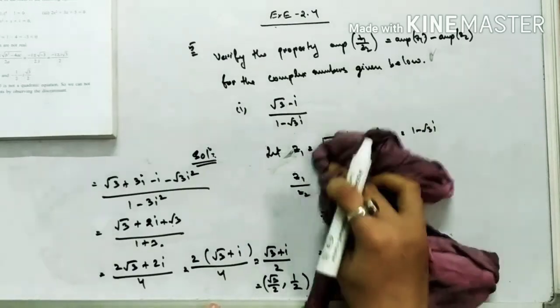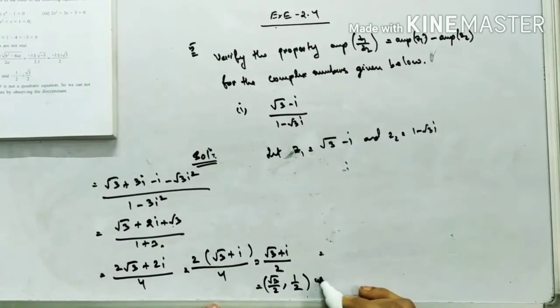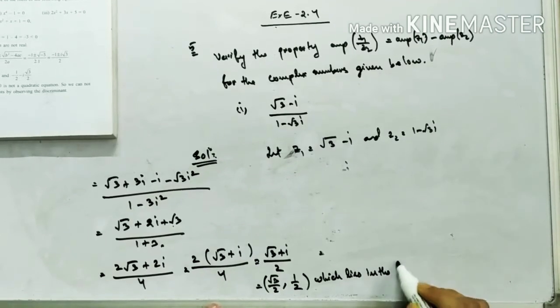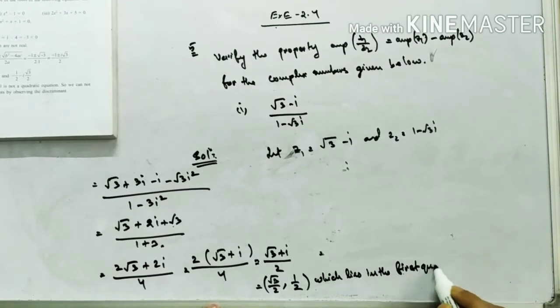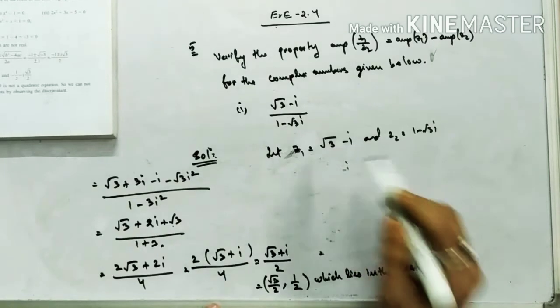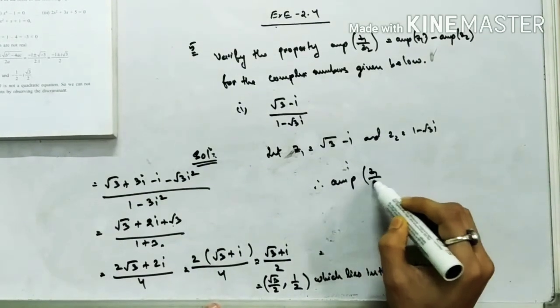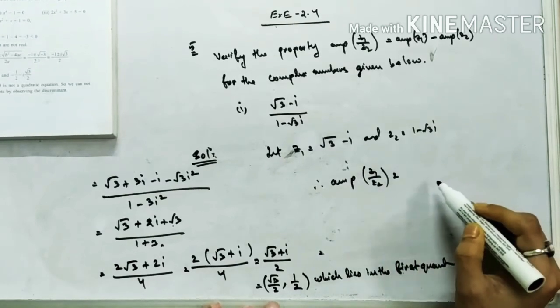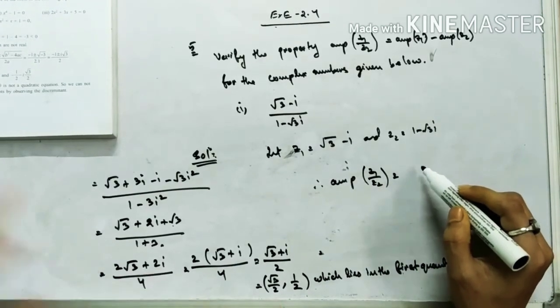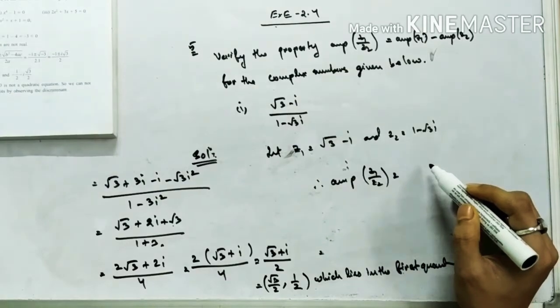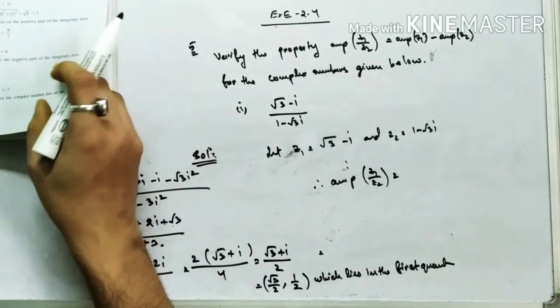So therefore amplitude Z1 by Z2, it lies in the first quadrant, so its amplitude will be alpha.